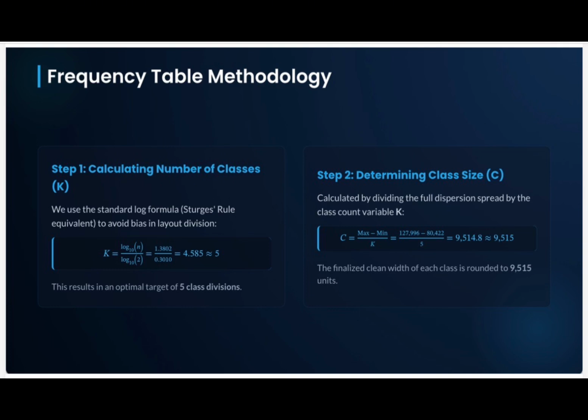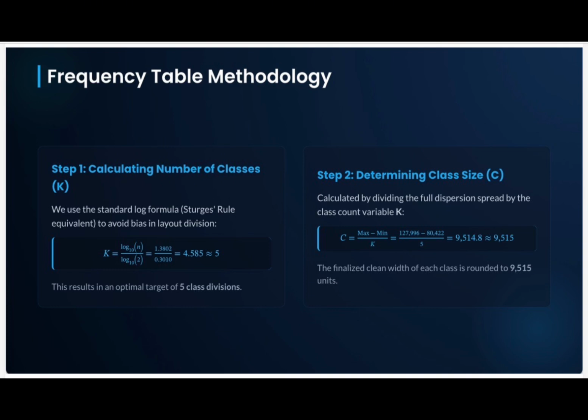Next, step 2, determining our class size. We find our class width by dividing the total dispersion spread by our class count variable. So, C equals maximum minus minimum over K, which is 127,996 minus 80,422 over 5.